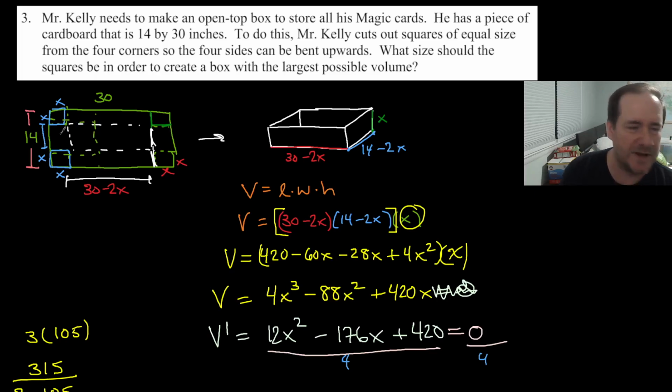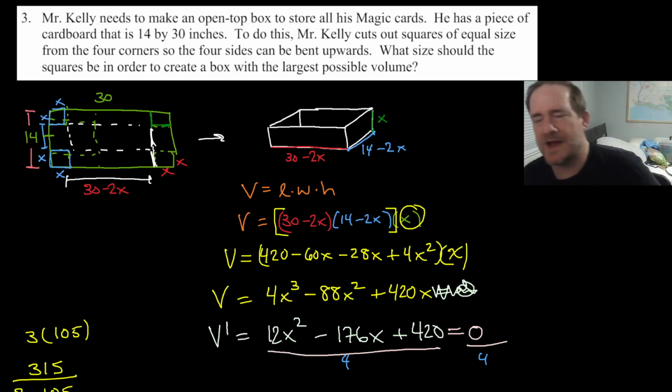There'd be no paper left, right? So we have this natural domain that says, hey, these squares can't be any bigger than 7 because our shortest dimension is 14. So half of that says 7. In fact, you can't even have 7. The length of the square would have to be strictly less than 7, right? There's got to be actually something left.